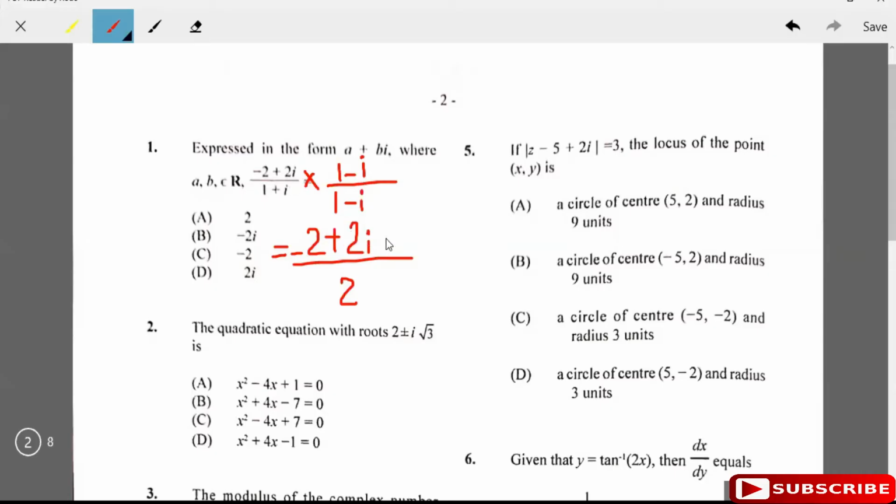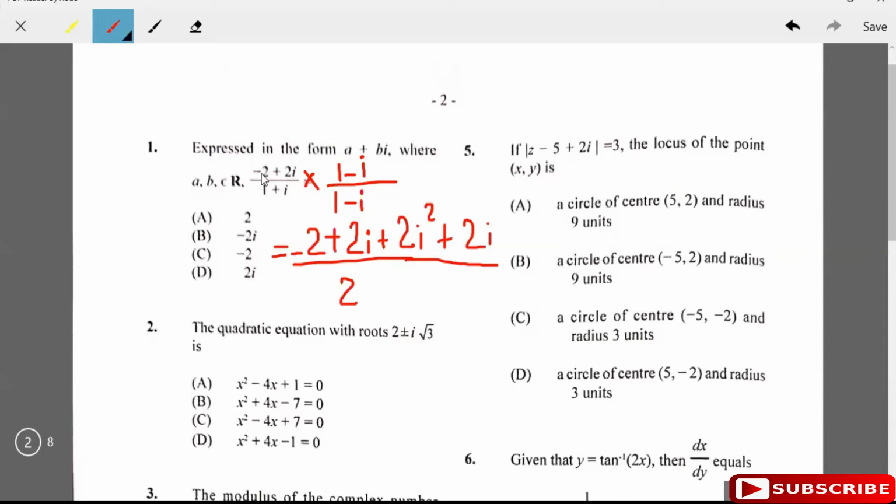2i times i is plus 2i squared. And then we have 2i times 1, which is 2i.